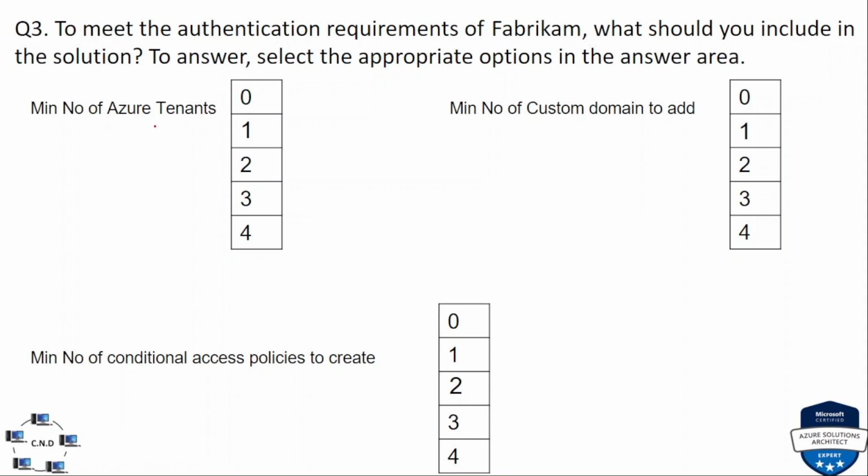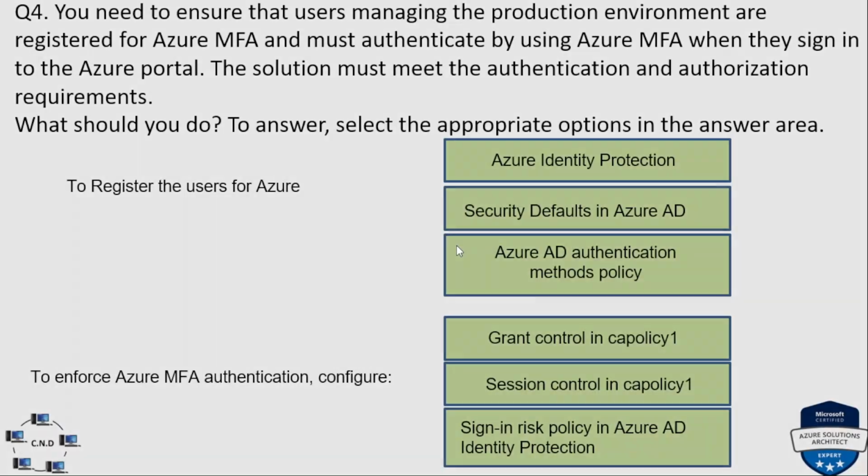So the minimum number of Azure tenants is 1, and the correct number for the minimum number of custom domains to add is again 1, and the minimum number of conditional access policies to create is 2. So these are the correct numbers for all these three options.